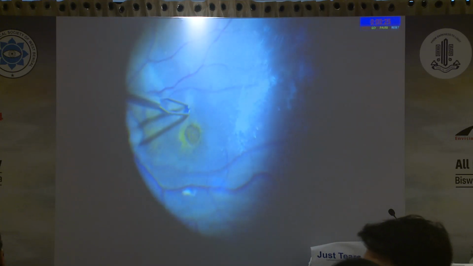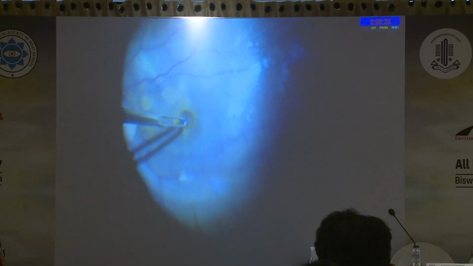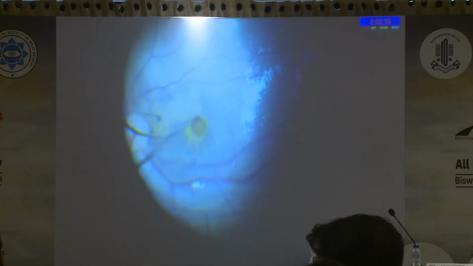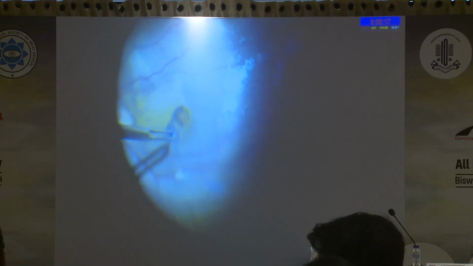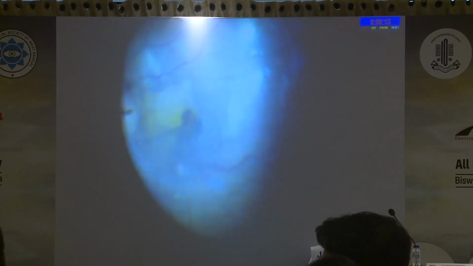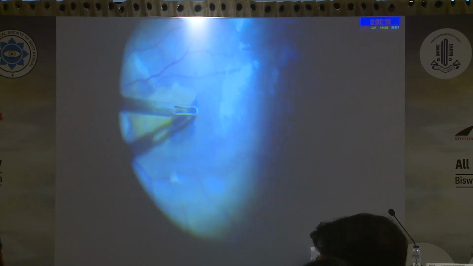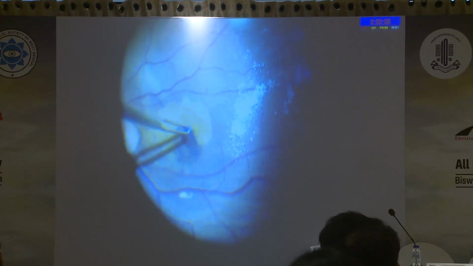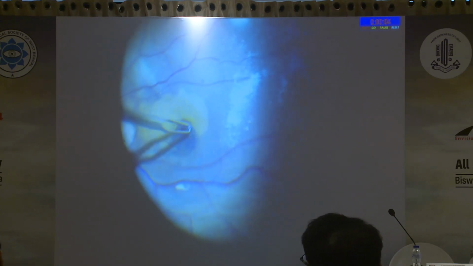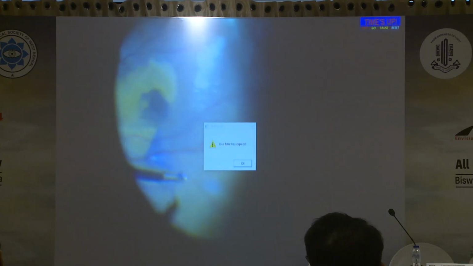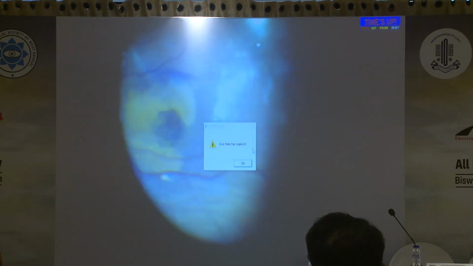And did an inverse peel technique. You can see the hole is quite large. So I'm almost done.